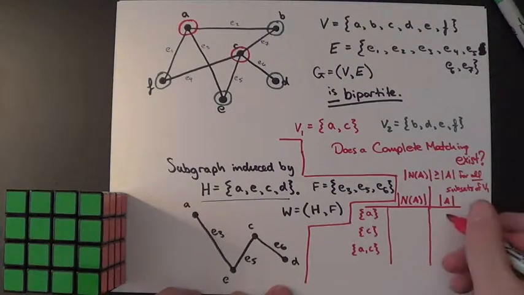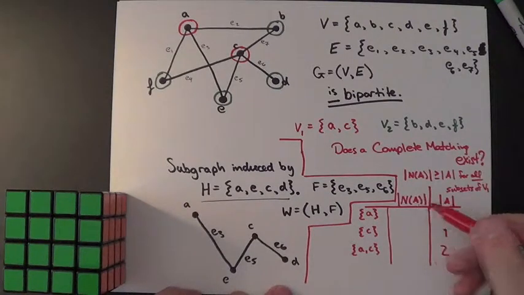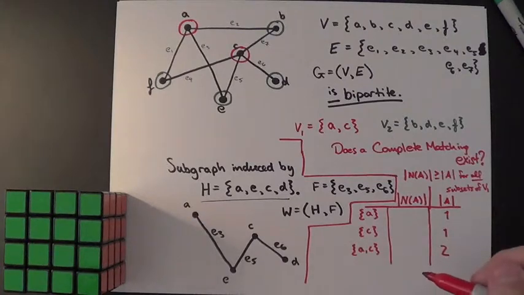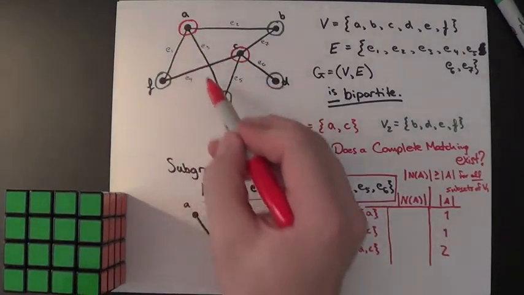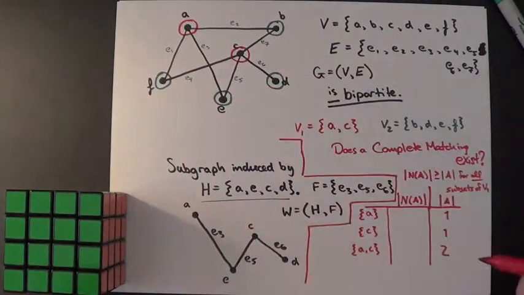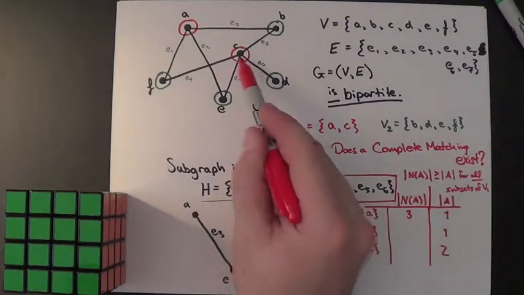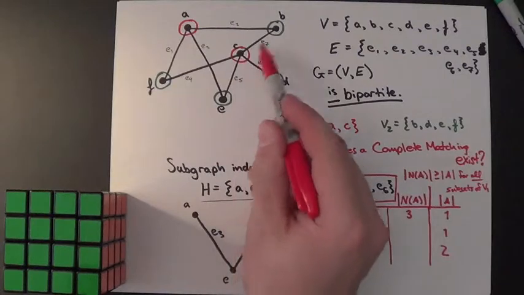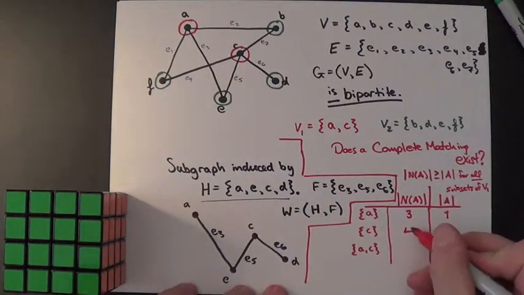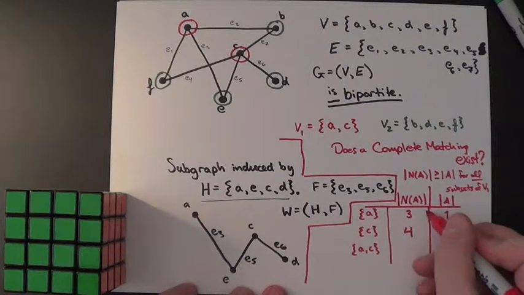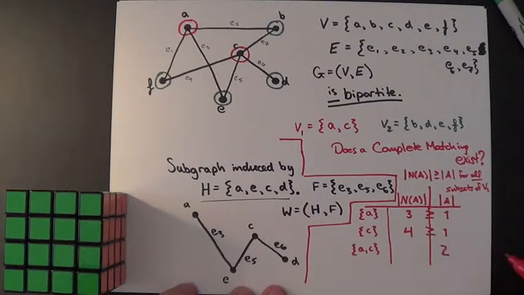The cardinality of the set itself, well, that's pretty simple. The cardinality of the set of all neighbors of A, well, it's got 1, 2, 3 neighbors. All the neighbors of C, well, it's connected to 1, 2, 3, 4 other vertices. Indeed, we've got greater than or equal to for both of those.